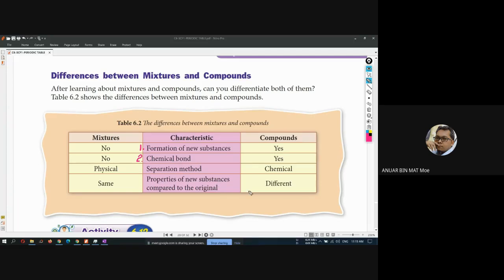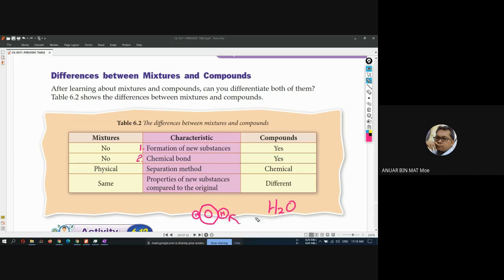For example, for the compound of water, the formula of water is H2O, right? If I try to draw the diagram or symbol of the compound, O is in the middle, and at the left and right of the symbol we have hydrogen.